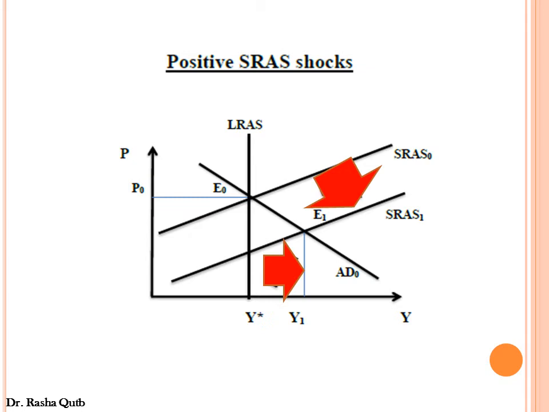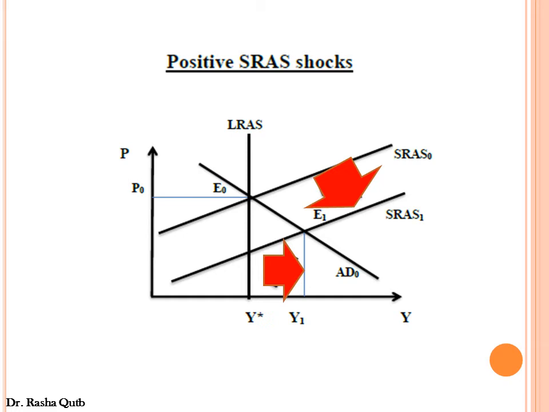How could this gap be eliminated? We know that when Y, the level of output, is greater than the potential, it means that the demand for factors of production would increase.